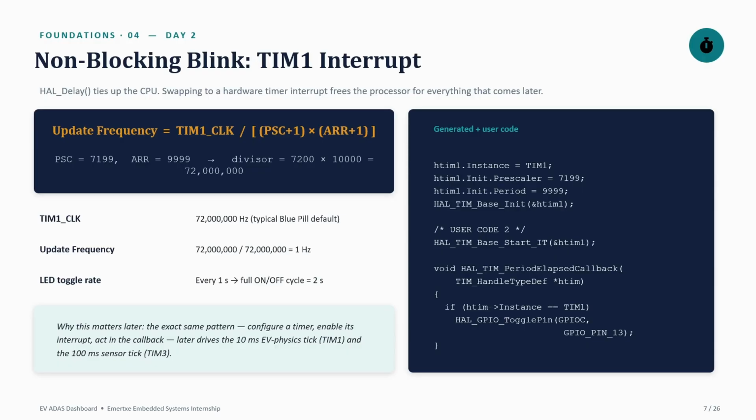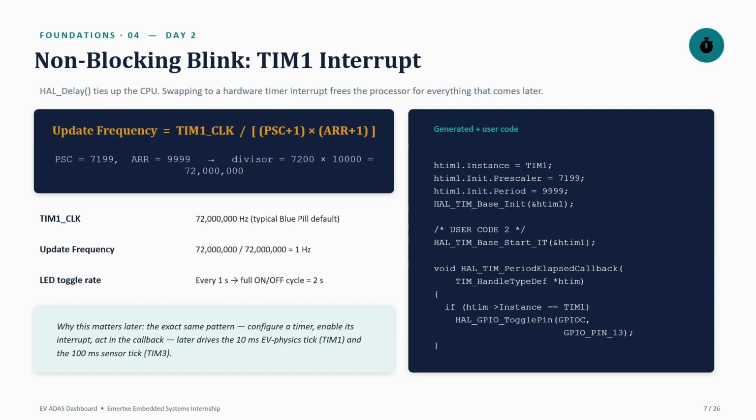In day 2 of our Emertex embedded system course, we learned how timers and interrupts work in our project. Let's walk through the timer and prescaler one by one, with a prescaler of 7199 and an auto reload register set to 999, in which the counter counts up to the preloaded value of 999.